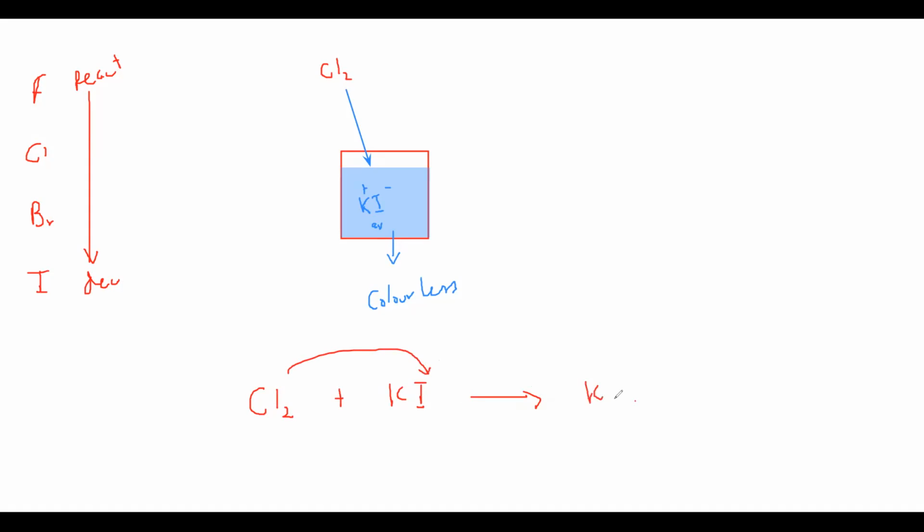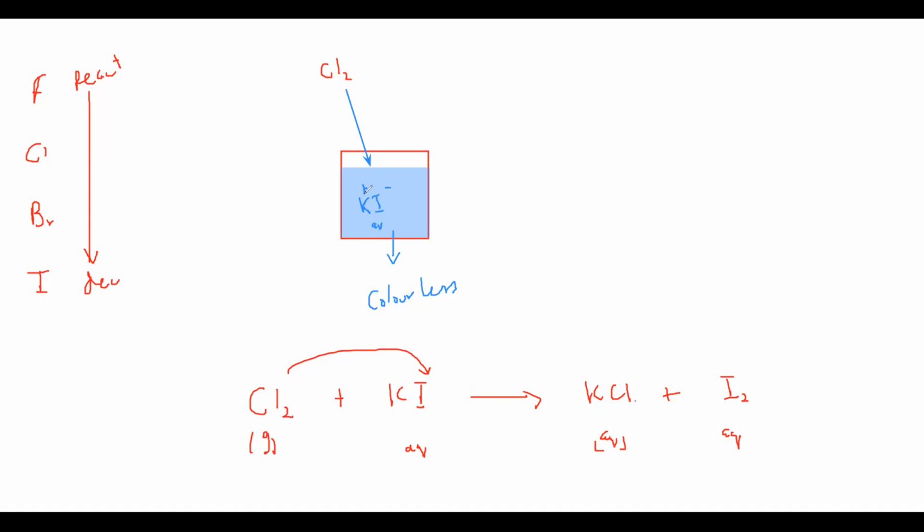So the result will be potassium chloride plus iodine molecule. The state symbols: chlorine is a gas, potassium iodide is aqueous, the dissolved one we are using. Potassium chloride, which will also form, is aqueous, and iodine at room temperature is solid, but because it is forming in the solution, iodine is also aqueous or dissolved.